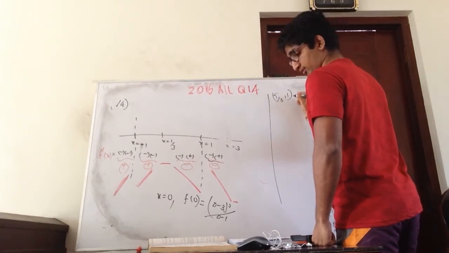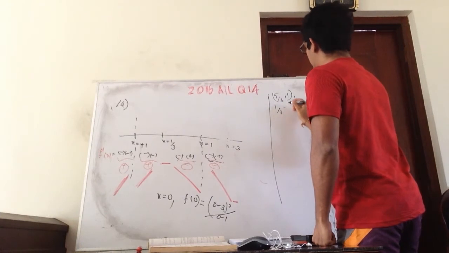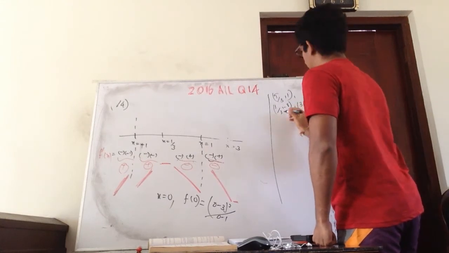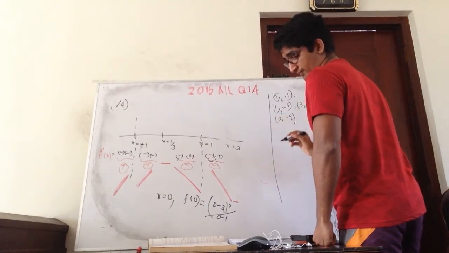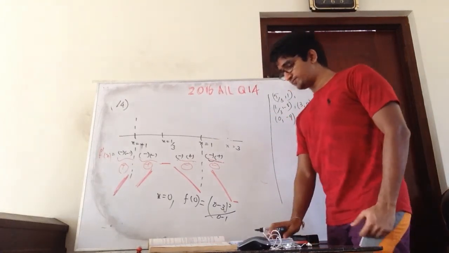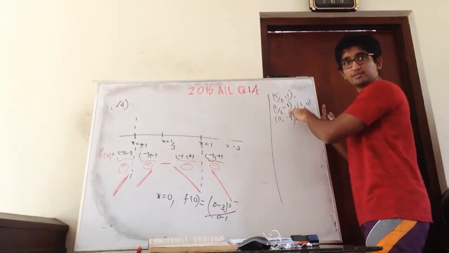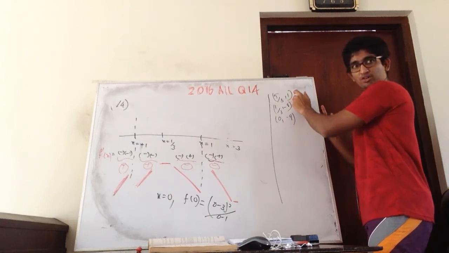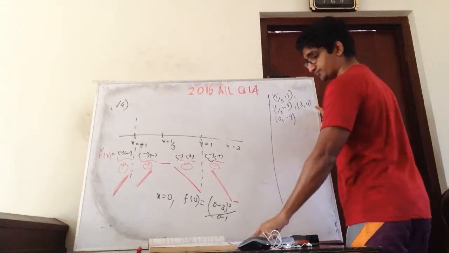Then we got 1 over 3, minus 8; 3, 0; and 0, minus 9. So these two were turning points. This was the asymptote crossing point. This was the 0 point.